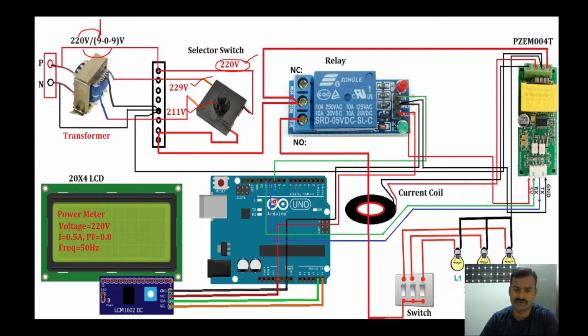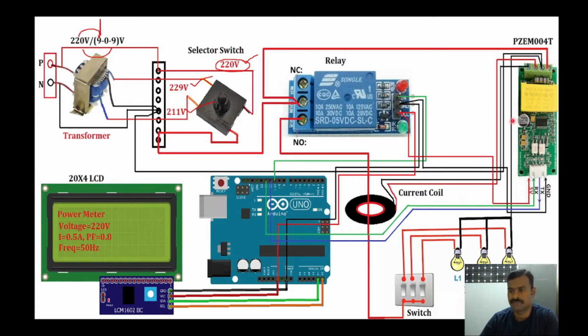So we need to write a code to obtain these values from this energy sensor, and this data will be transferred through the RX TX pins. So we have RX and TX pins connected to Arduino Uno. I am going to use software serial, so that's why I am using the 12th and 11th pins of Arduino. If you are using hardware serial, you can use the TX and RX pins of the Arduino Uno. So this is the function of this energy sensor.